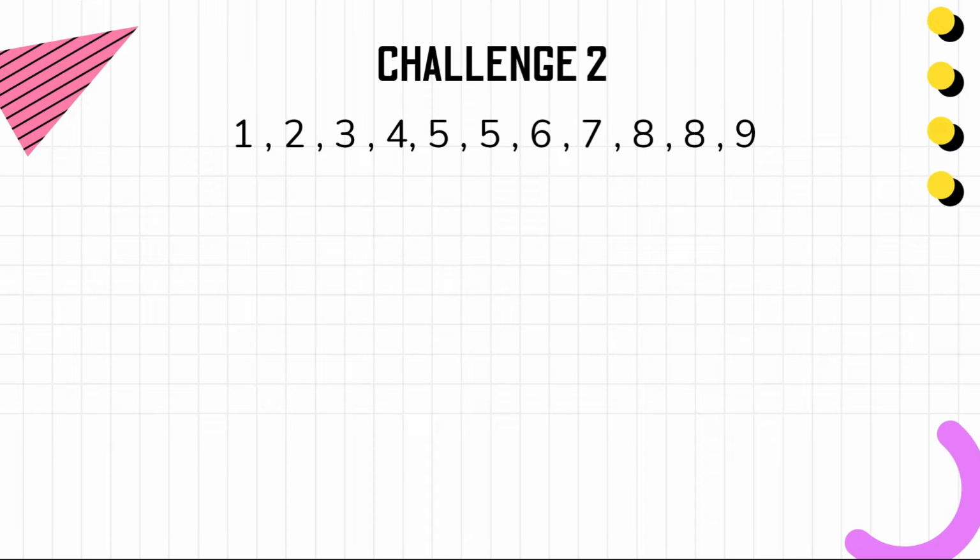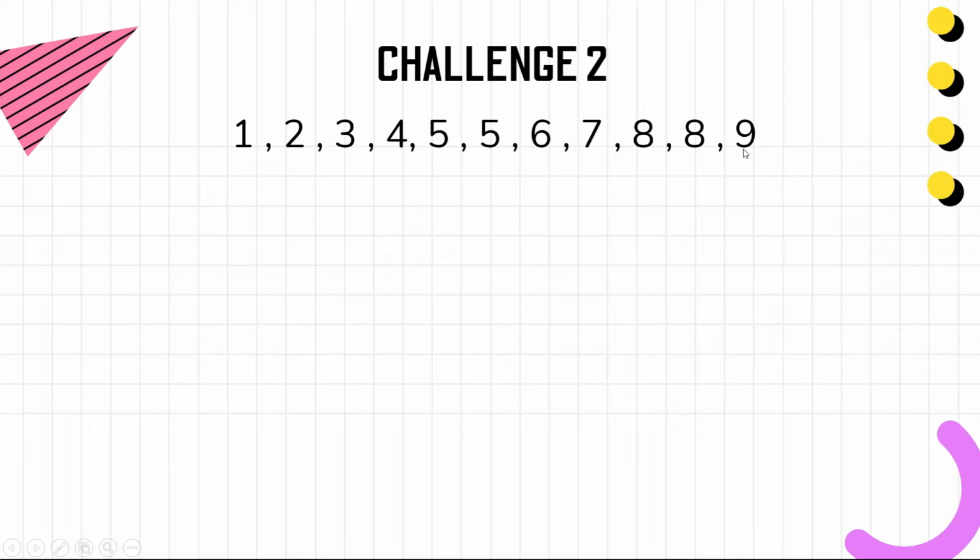Since we arrange the numbers in ascending order, we have to look at how many numbers we have. So we have 1, 2, 3, 4, 5, 6, 7, 8, 9, 10, 11.